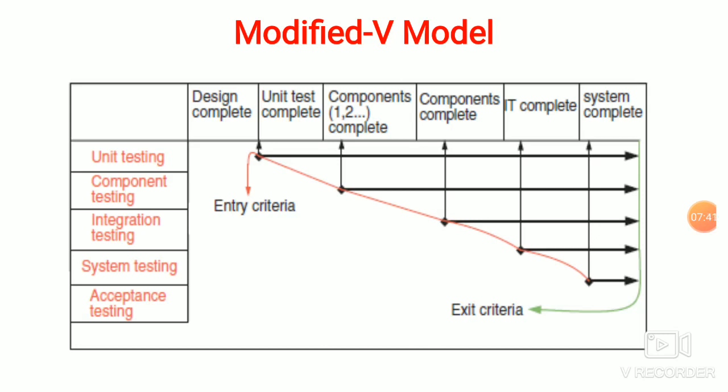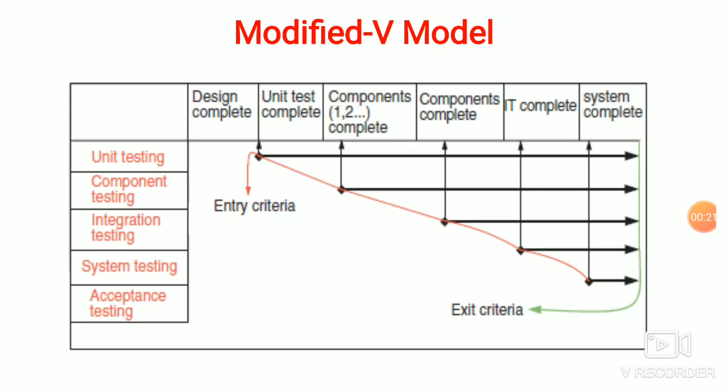The entry and exit criteria for each of the phases ensure that the right quality of product is delivered for starting the test and the right amount of testing is completed for the release of the product.